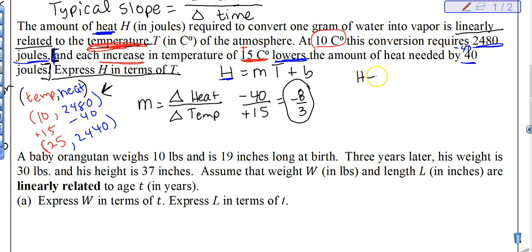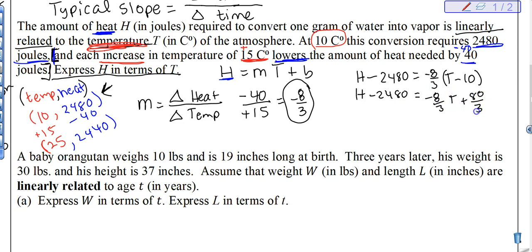So h minus 2480 equals my slope times t minus 10. I like that you're ready to make that transition into point slope. Then we'll distribute. So that's h minus 2480 equals negative 8/3 t plus 80/3.